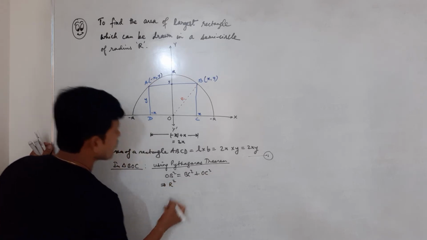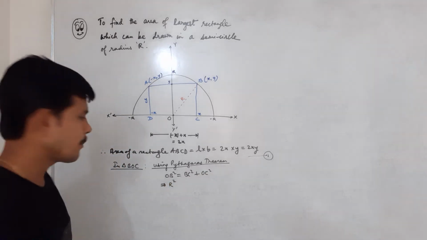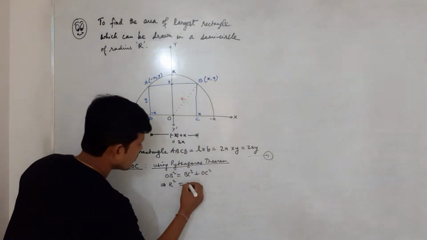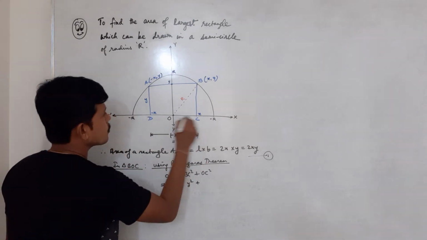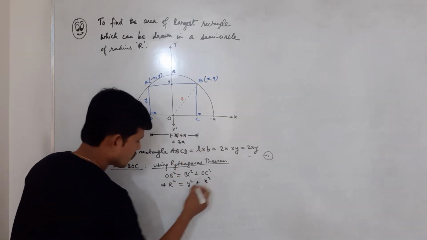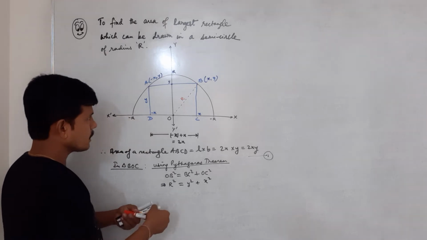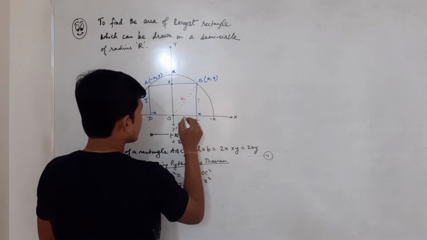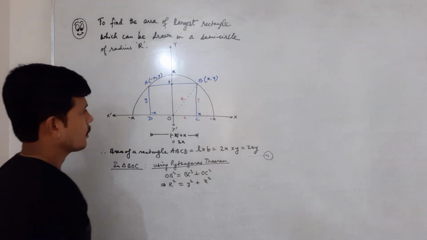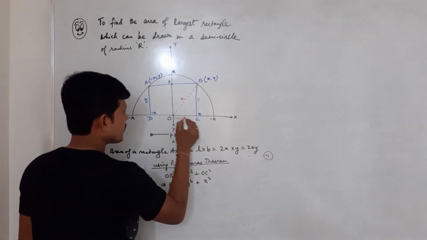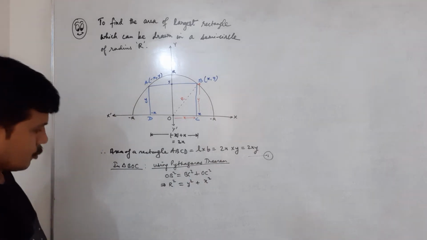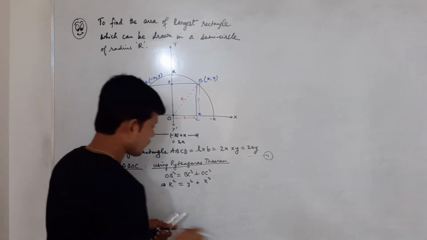Here OB is equal to R, so I have written R square. BC is equal to y, so this is y square. And OC is x, so x square. Because the length from here till here it is x, and from here to here this is y. So we have got another equation.